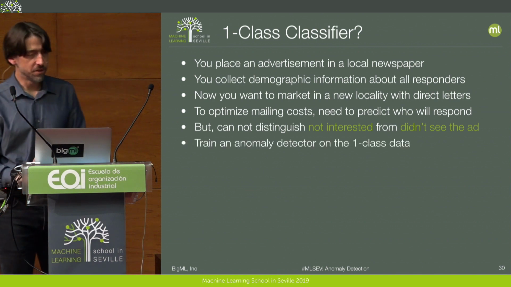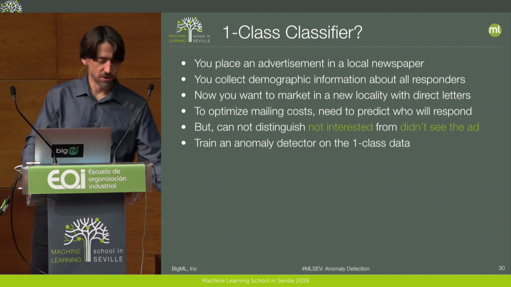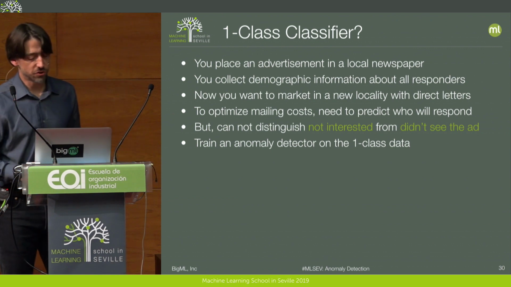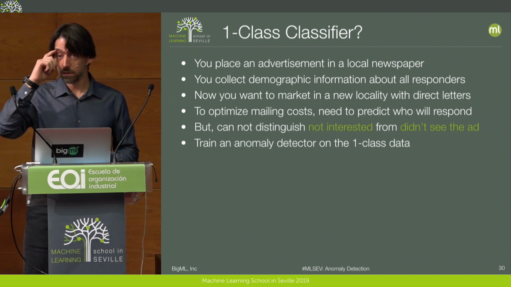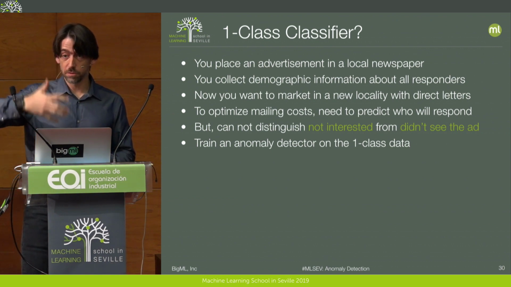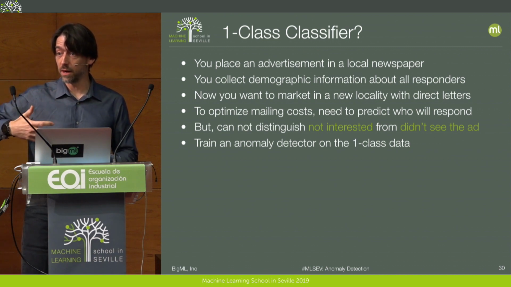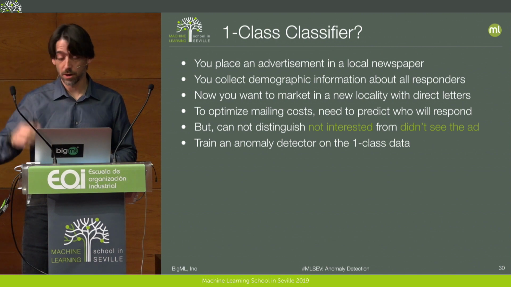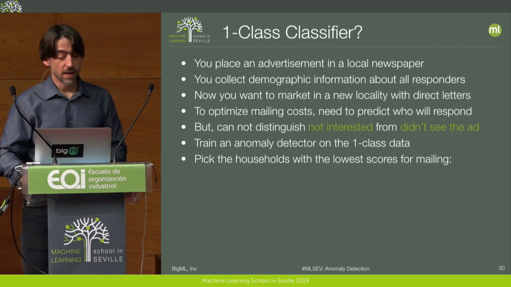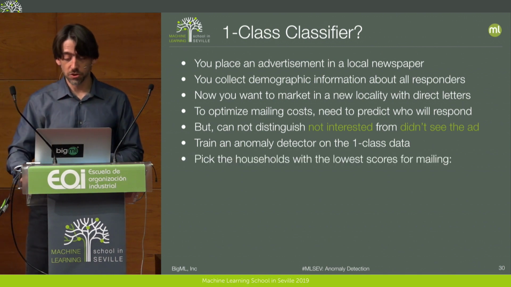This is actually a fairly common problem, not hugely common, but what you can do is you can train an anomaly detector on this data. So you take all your respondents and all your demographic information for the city. We know things about people that didn't respond, but we don't know why they didn't respond. That's the problem. So we build an anomaly detector and then pick the households with the lowest scores.